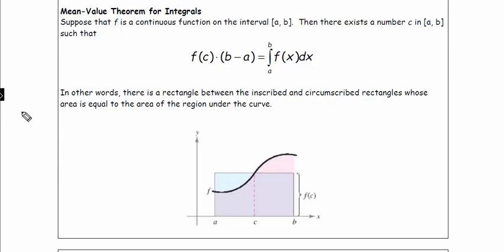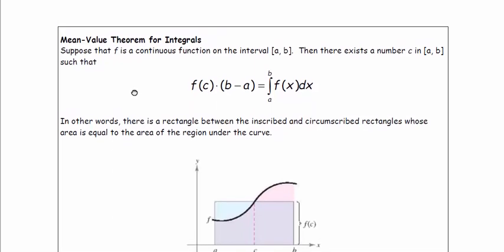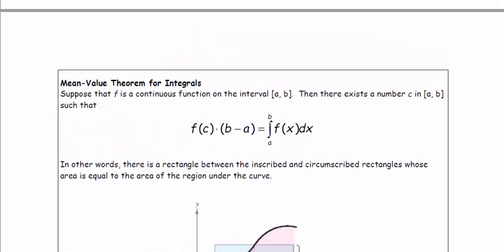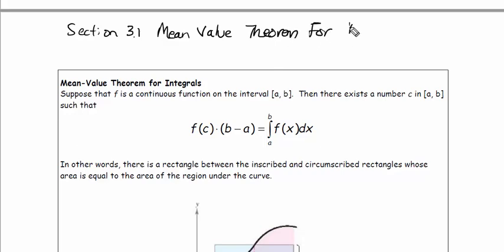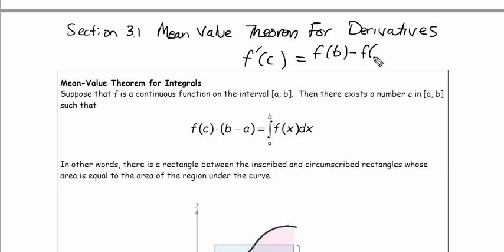Just to compare for a second, section 3.1 had the mean value theorem for derivatives. So this said that f prime of c was equal to f of b minus f of a over b minus a. Very good, right?